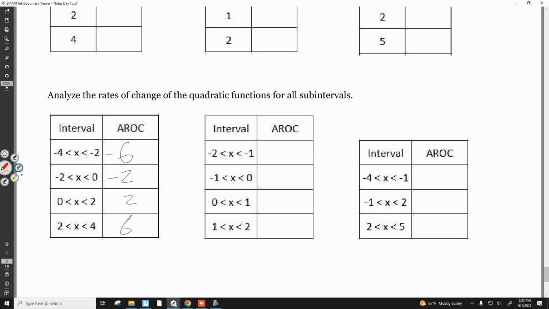What you will find is that there's a pattern in the average rate of change. The average rate of change will always have a linear pattern. The change in the change will be constant.